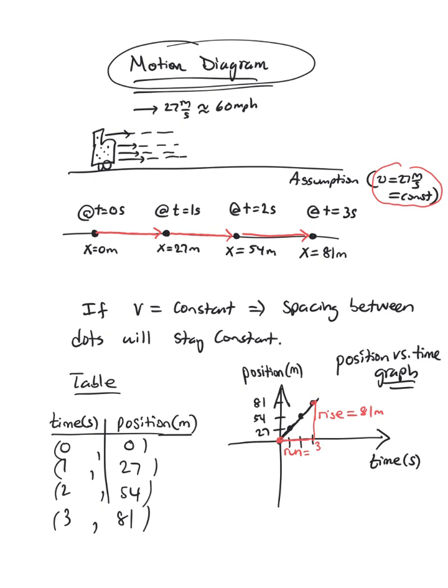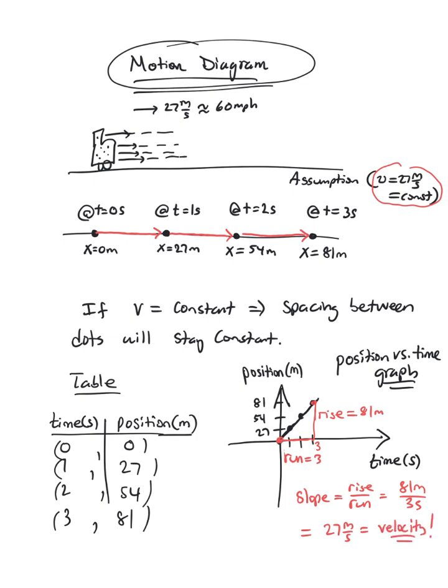So if we go from 0 to 3 seconds, the run would be 3. So the slope, which is rise over run, would be 81 meters divided by 3 seconds. Because along the horizontal axis, I have seconds as my unit, because that's time. And if I do that, I end up with 27 meters per second, which happens to be the velocity.